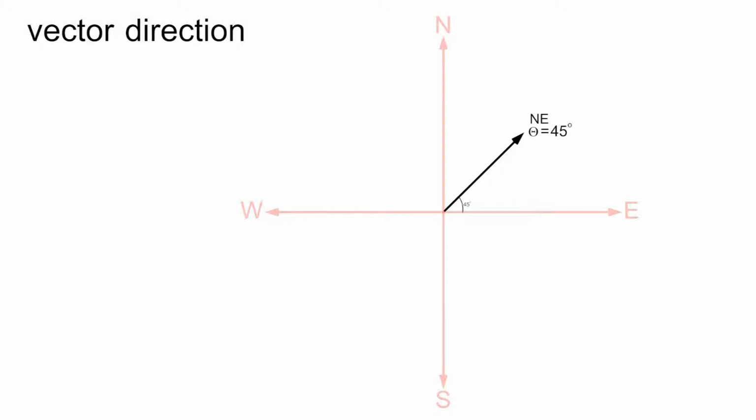When a vector goes exactly between north and east, we say that this vector is directed toward northeast, and it will make a 45 degrees angle. The same goes with northwest vectors, with a 135 degrees angle. Notice that the angle between northeast vectors and northwest vectors is 90 degrees, which is 135 minus 45.